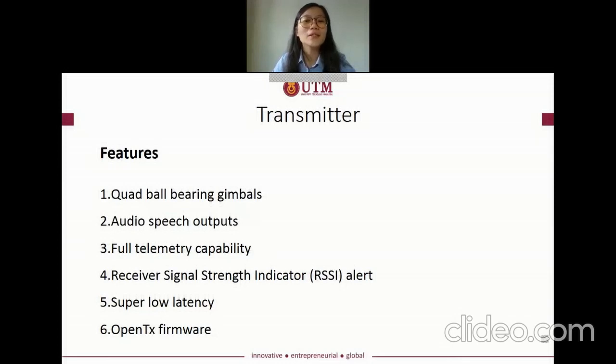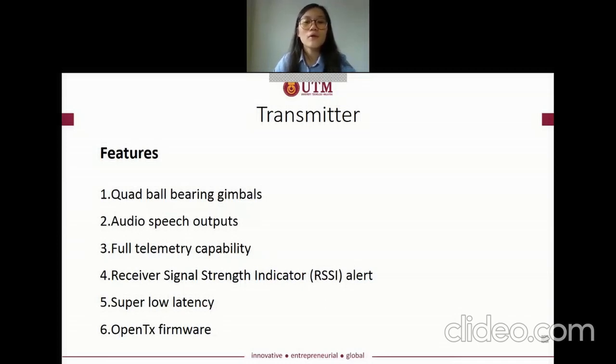telemetry capability that allows the pilot to access real-time flight data easily, such as battery voltage reading. Fourth, the receiver signal strength indicator alert helps the pilot eliminate the problem of lost connection between transmitter and receiver by monitoring the reception quality of the signal continuously and producing alerts before the quality becomes critical.